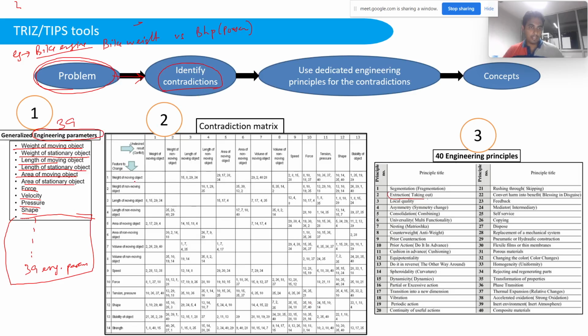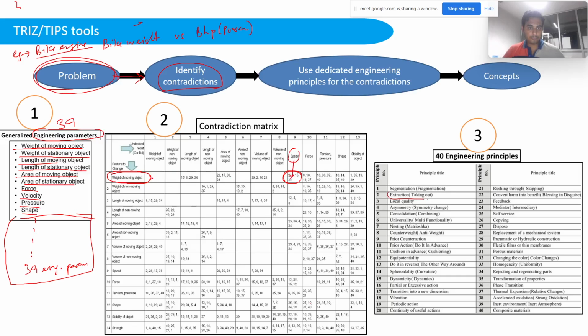For example, here, if you see the weight of a moving object, so your bike is the weight, and probably speed. Okay, so speed can be a contradiction.